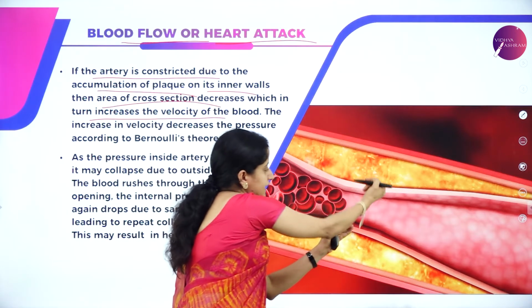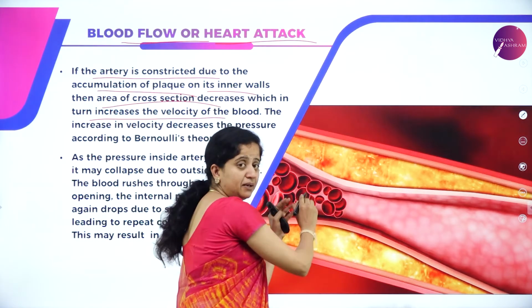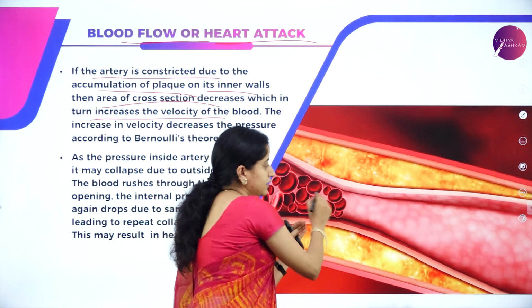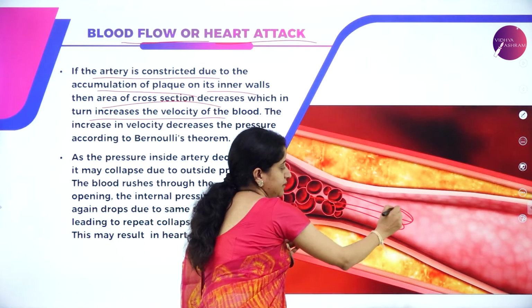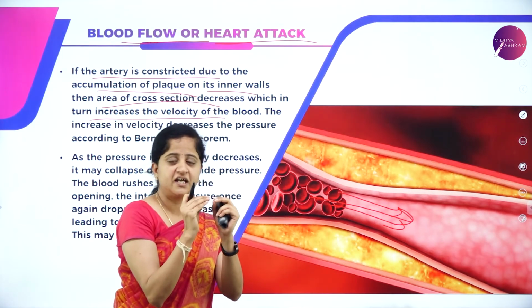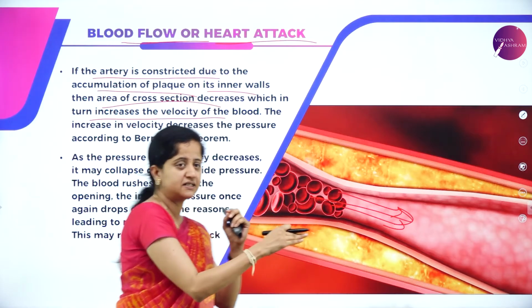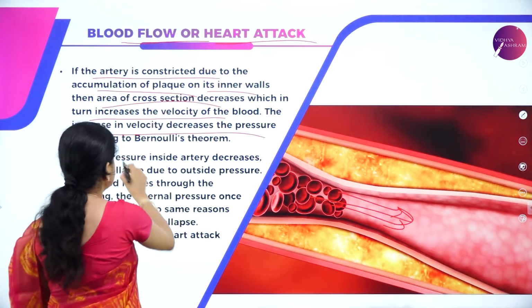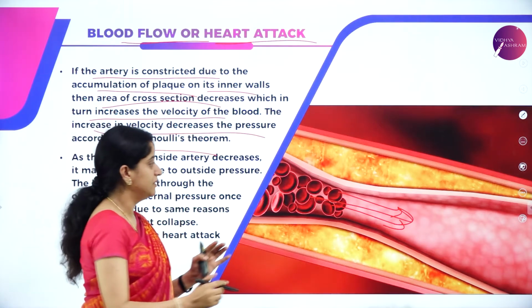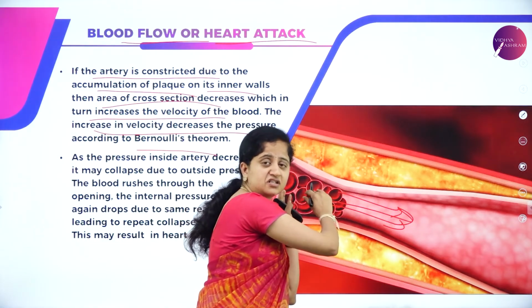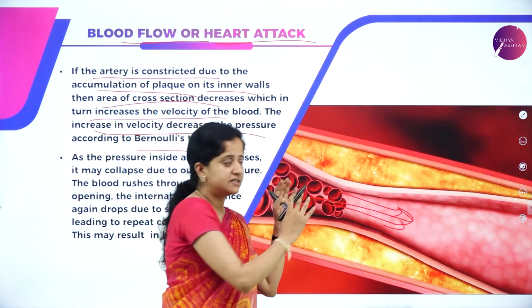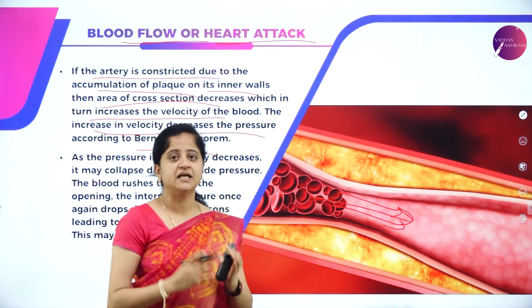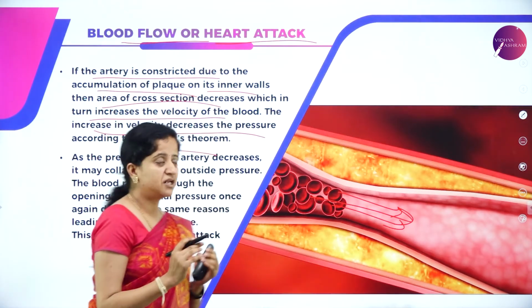So the blood will try to rush into this region, because there is a smaller cross-sectional area, and the blood forcefully rushes into it. The increase in velocity decreases the pressure according to Bernoulli's theorem. Since it rushes, the velocity of the blood flow will be more, and since there is an increase in velocity, there will be a decrease in pressure.